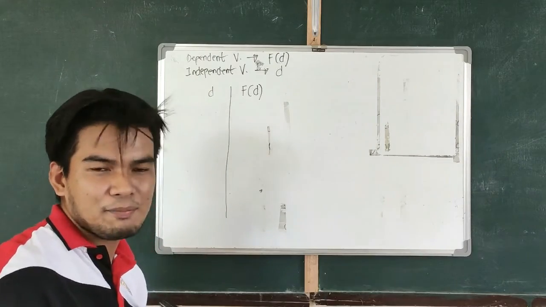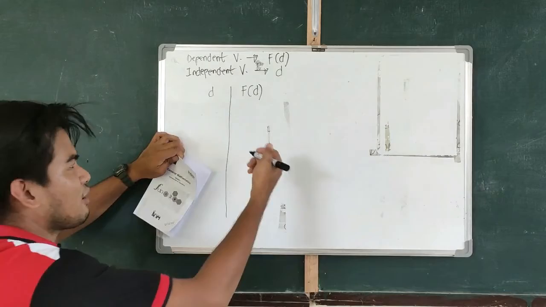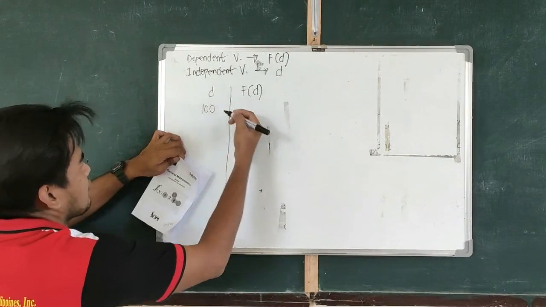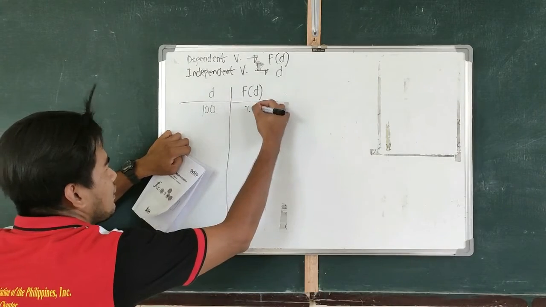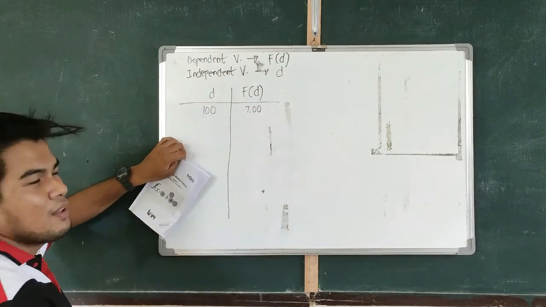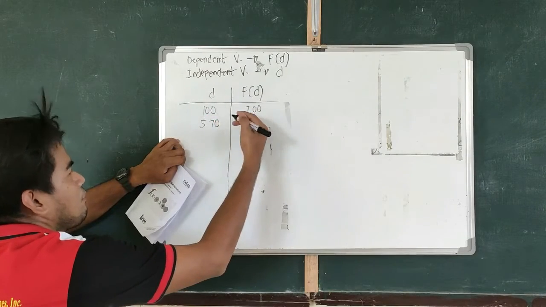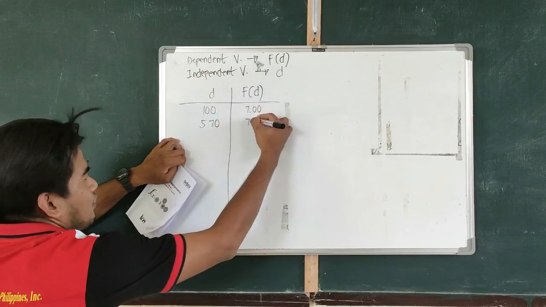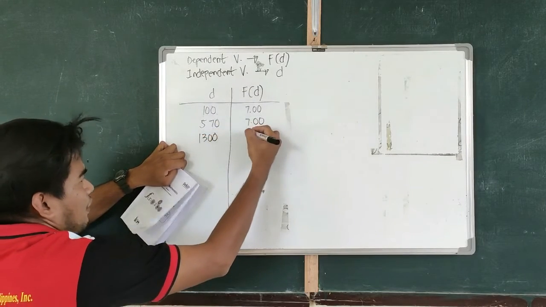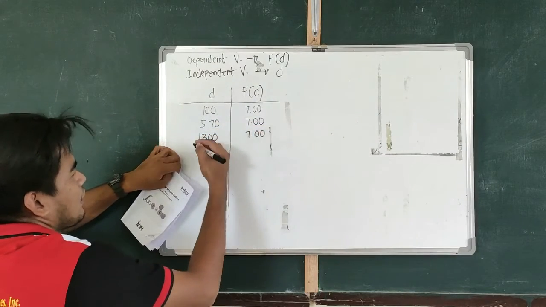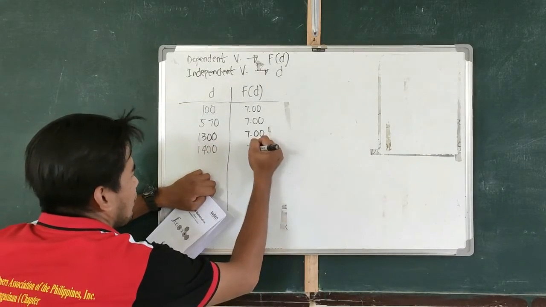So, I'll explain that later. So, kapag ang distance traveled lang ay 100 meters, the fare will be still 7 pesos. Kapag, let's say, 570 meters, ang fare niya ay 7 pesos. Kapag 1,300 meters, ang fare niya ay 7 pesos. At kapag, of course, 1,400, ang fare niya ay 7.